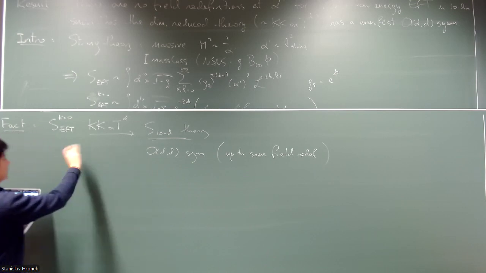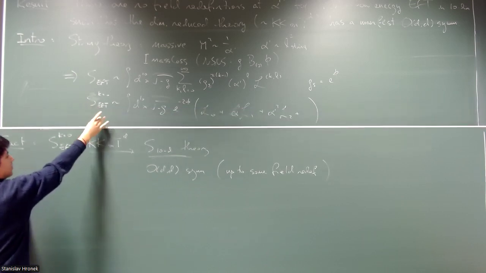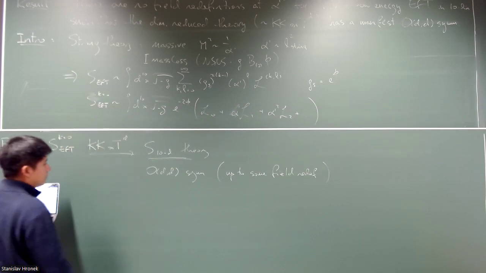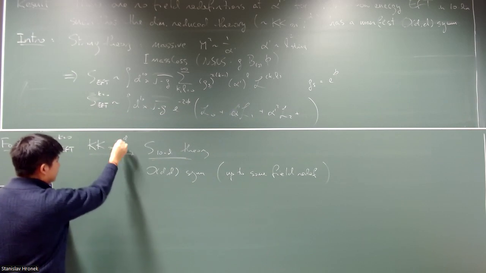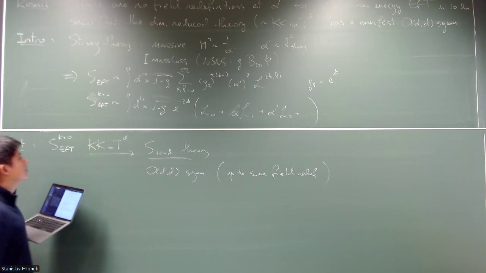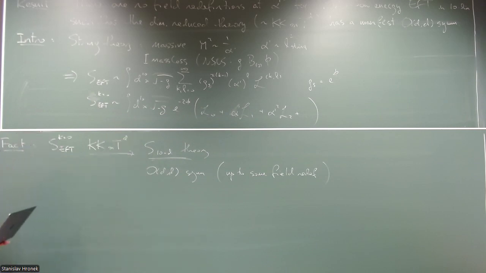Anyway, the fact that we'll use is that this action is reduced on, let's say, a d-dimensional torus, but we are not really taking care of whether it is a torus or not. We just want our effective action to have d coordinates be independent.